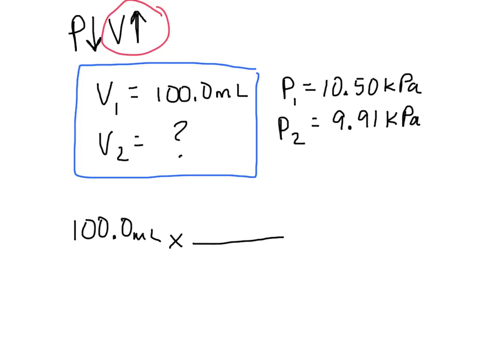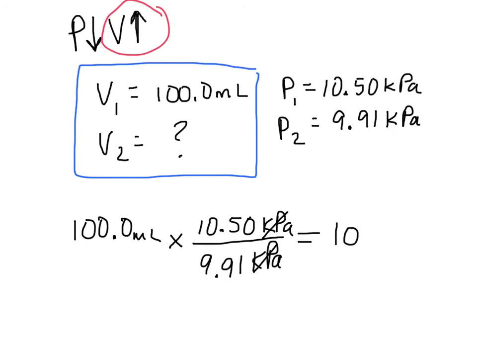Let's go with the bigger number on top, 10.50 kilopascals, and there are 9.91 kilopascals on the bottom. Kilopascals are going to cancel, so you don't have to do any crazy conversions with the pressures. When we do that, with correct significant figures, we get 106 milliliters.